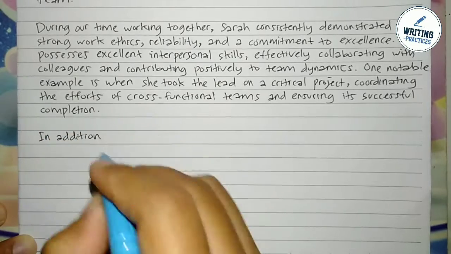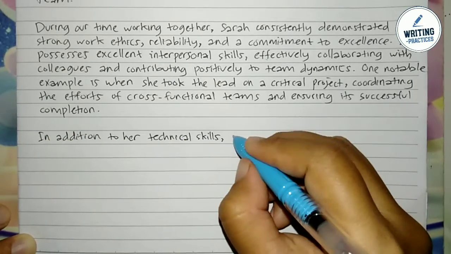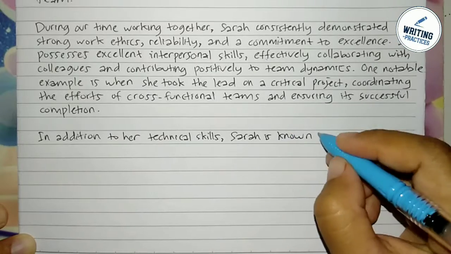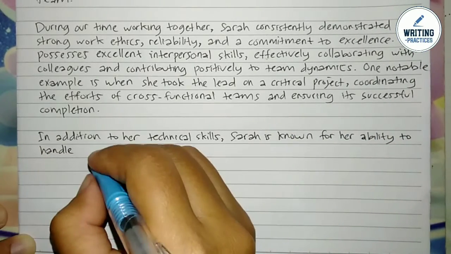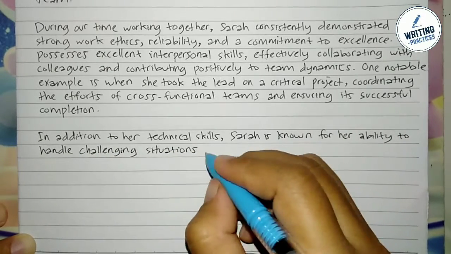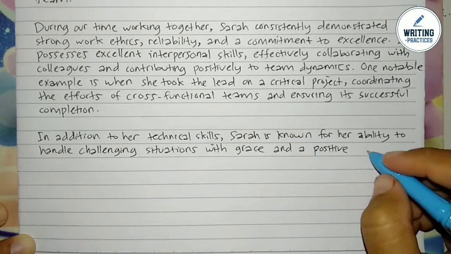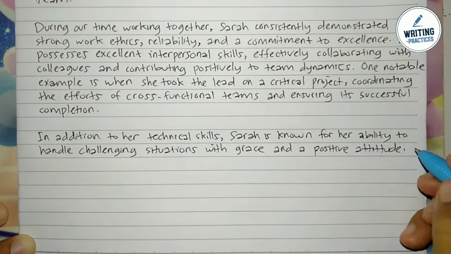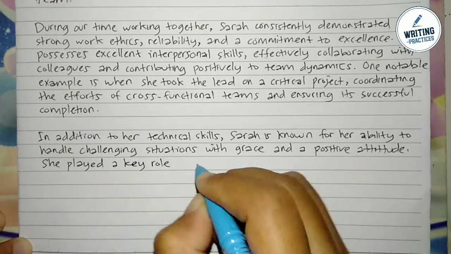In the third paragraph, write an illustration of specific achievements of the applicant. If you see, the writer discusses Sarah's role in leading projects and her problem-solving abilities. Sure, you can mention all the good character traits. And here is how you write it. In addition to her technical skills, Sarah is known for her ability to handle challenging situations with grace and a positive attitude.